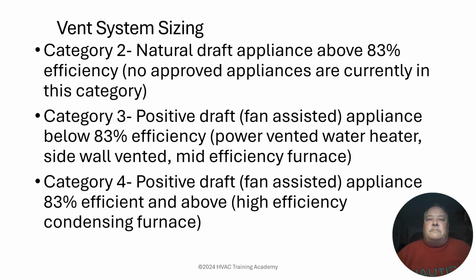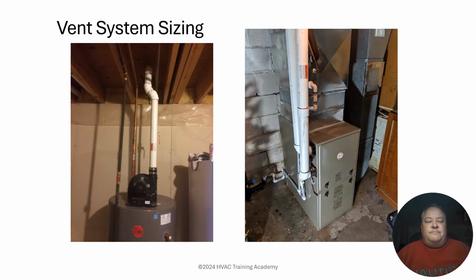Category 3 is going to be a positive draft fan-assisted appliance below 83% efficiency, a regular old power-vented water heater that's sidewall vented, or a mid-efficiency furnace that's sidewall vented, would fall into a Category 3. A Category 4 is going to be a positive draft fan-assisted appliance, 83% efficiency and above. A high-efficiency condensing furnace would fall into Category 4 as an example.